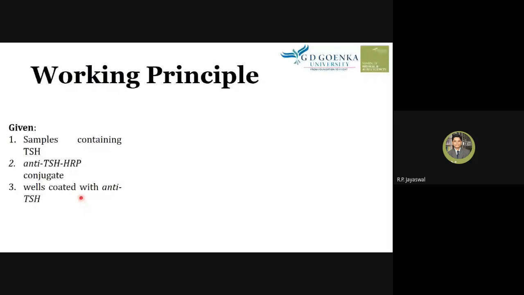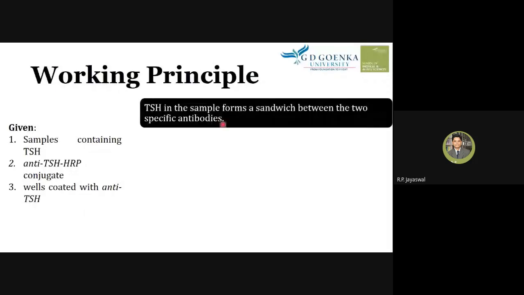The TSH in the sample forms a sandwich between the two specific antibodies: one is the anti-TSH HRP conjugate, another is the antibody coated on the wells. So this TSH is sandwiched between these two antibodies. Unbound TSH and HRP conjugate are washed out.